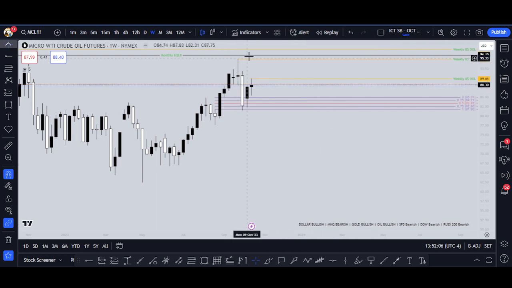We went internal, this FVG. We're going to be heading to external. So 95.03 and 89.85 is the first level draw on liquidity.